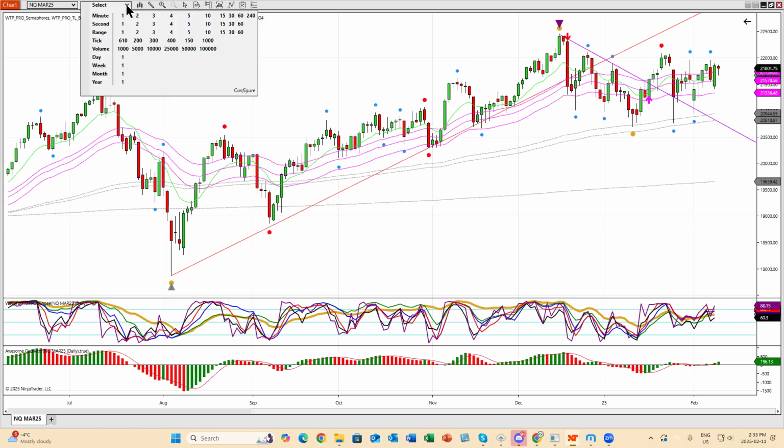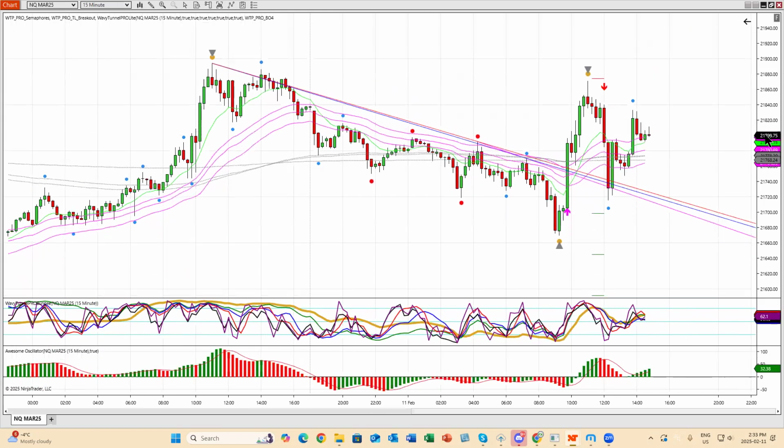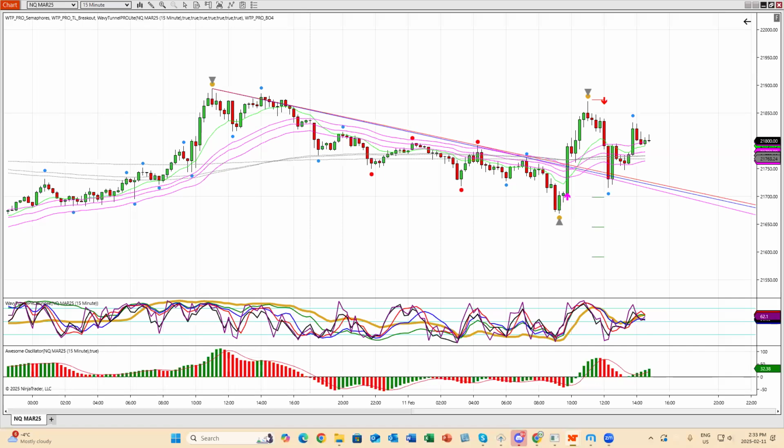Let's go down to the time frames. Let's go down to the 15-minute chart. I don't know if any of you are day traders, but I like to look at from the 9:30, which is right over here.